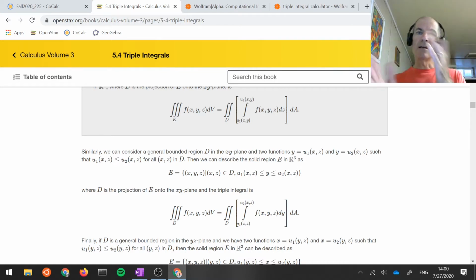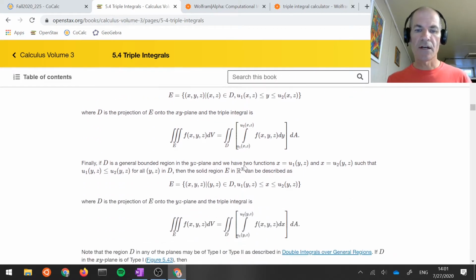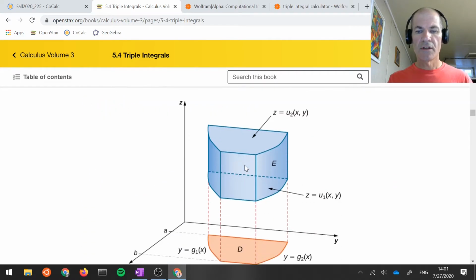You're going to find that it might be strategic to use one order of integration over another. Some integrands are easier to integrate in some orders than in others. And these are all things that I expect you to figure out as you work through the exercises at the end of the section.